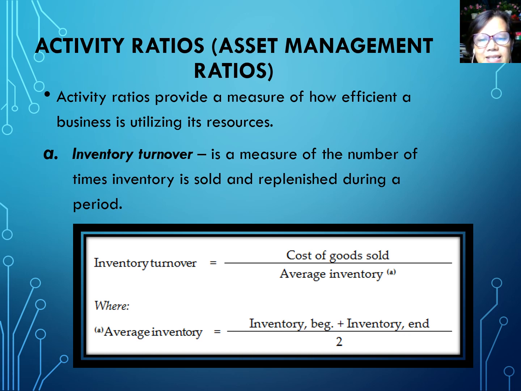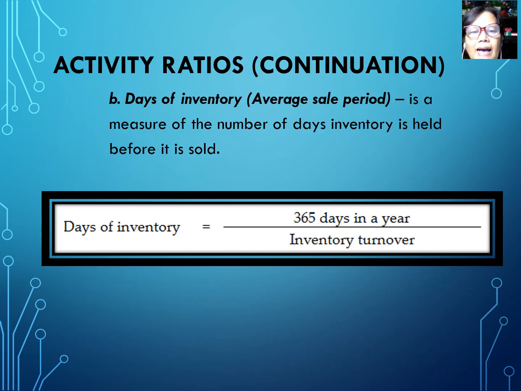Inventory turnover is equal to cost of goods sold over the average inventory. And then your average inventory is determined by adding the beginning inventory and ending inventory and then dividing it by 2. Okay? Next, activity ratio, another example is days of inventory or average sale period.